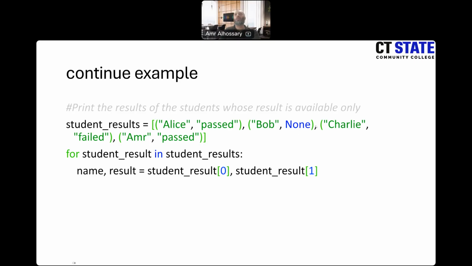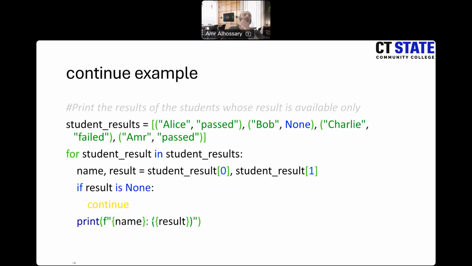I want to skip the iteration when the result is None, indicating that it's not yet available. So if result is None, continue. If it's not None, we go on. What is there in the loop body?